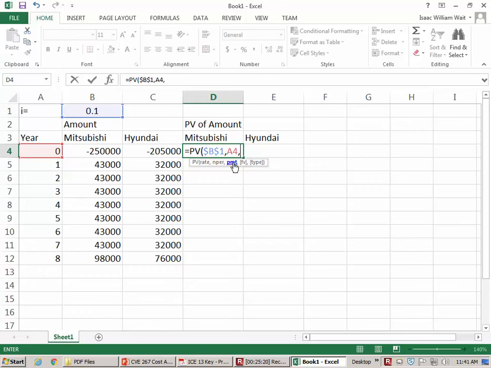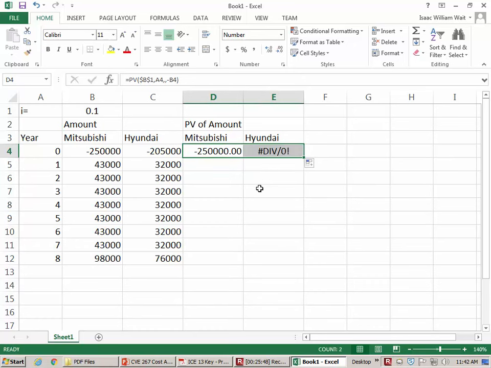But really what we're doing is we're treating this 43,000 like it's a single amount, and we're moving it however many years back to the present. So we want to skip the payment field and use instead this as a future value. Let me change the formatting for that. So it makes sense that it should be the same because it's 0 years. It's not moving it any years. And I'll do that over.